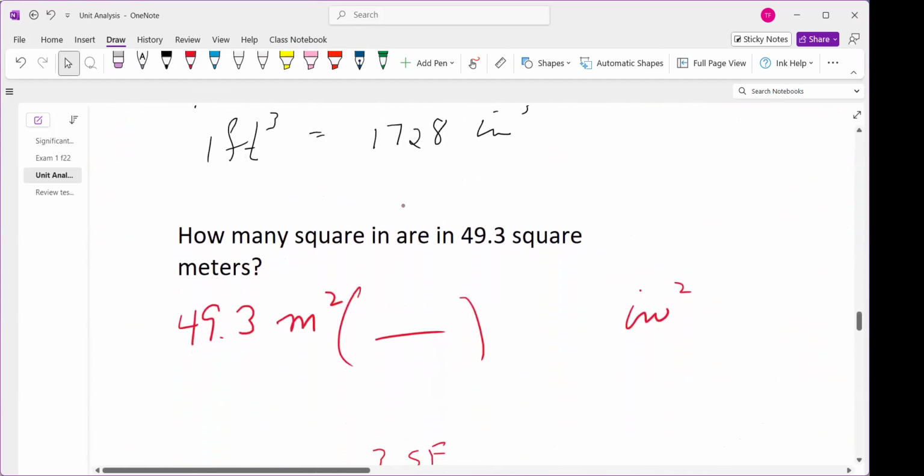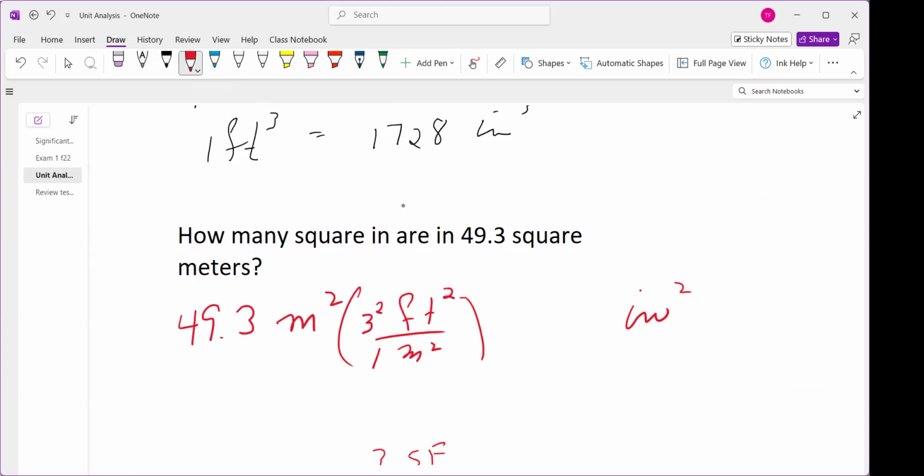Okay, so we're gonna go, and this is gonna be 3 squared. This is 3 foot.